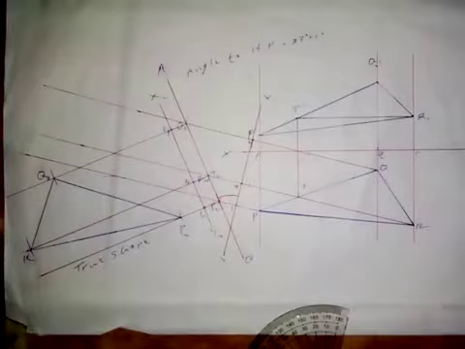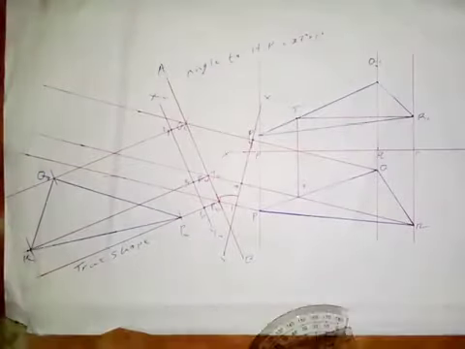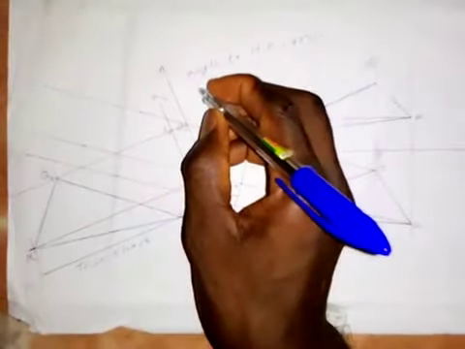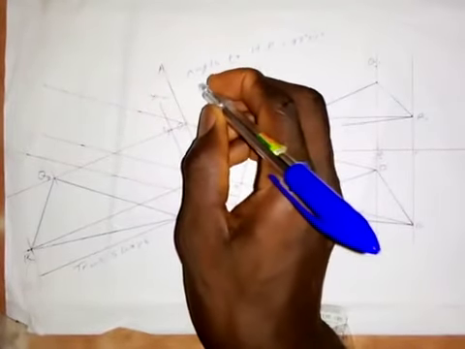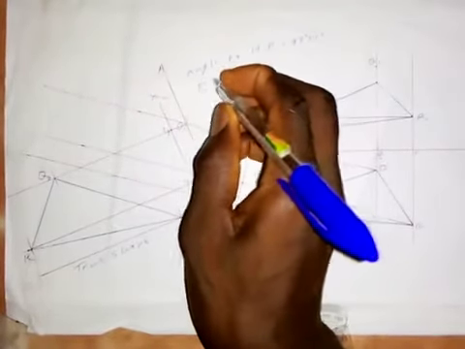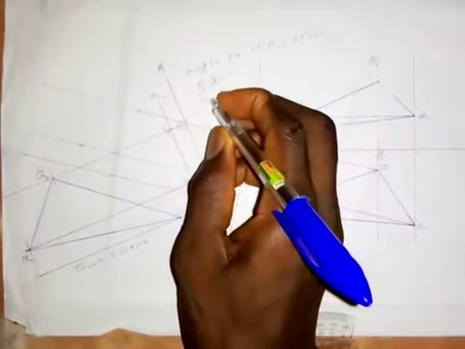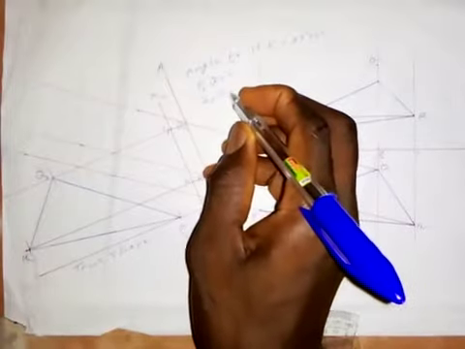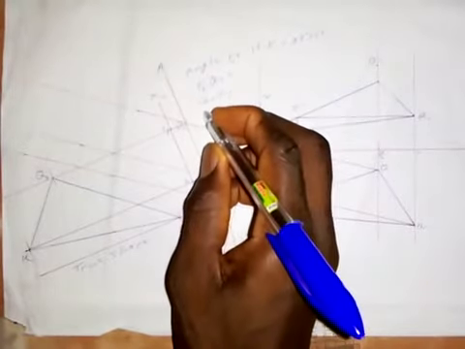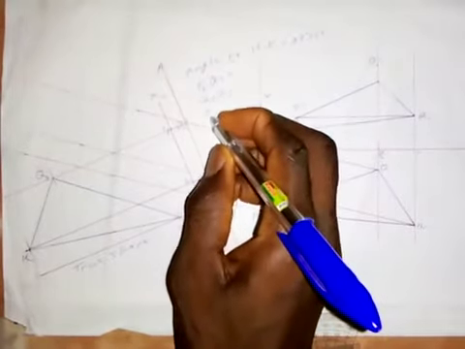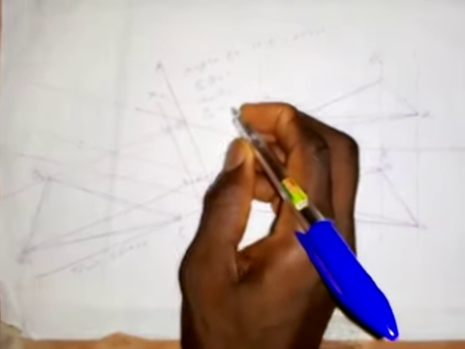And then we are asked to measure the lengths. So we have P3, Q3, then Q3, R3, and P3, R3. We have to get all these lines.